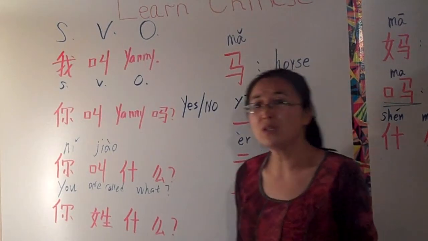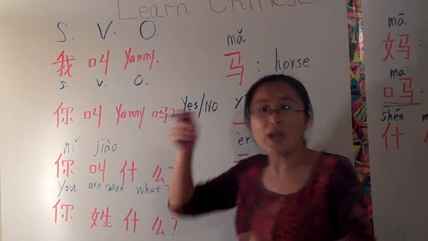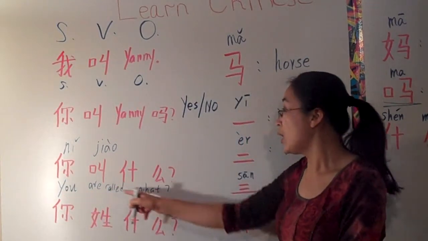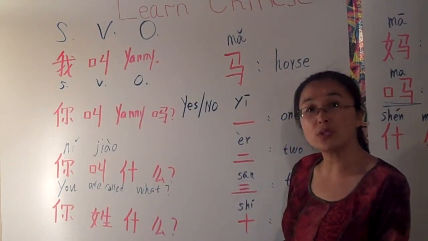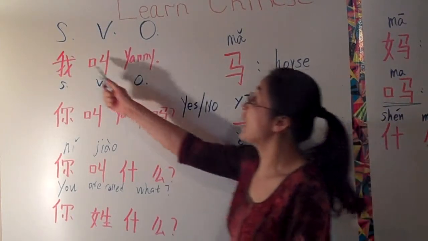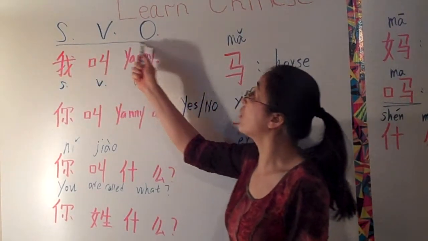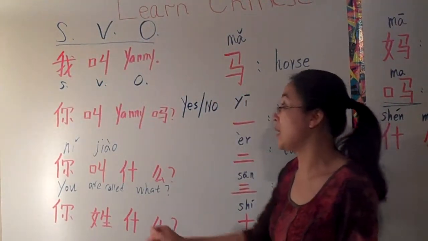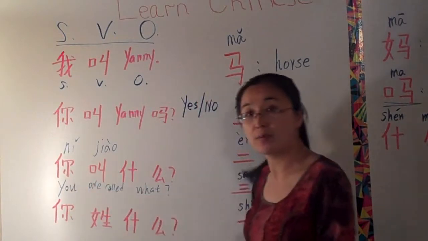You may feel, I'm gonna tear my hair off. Why do you see "you are called what"? Why don't you see "what are you called"? Remember, this is Chinese. And the Chinese sentence structure always follows SVO. You always start your sentence with the subject.